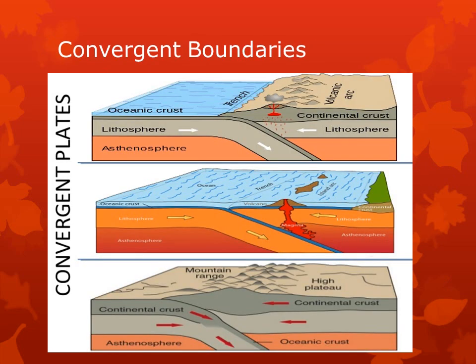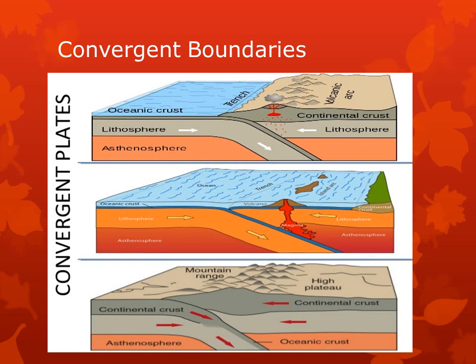Okay, so here we see a couple convergent boundaries, where the first one on top there is an oceanic plate colliding with a continental plate. The oceanic plate, being more dense, subducts under the continental plate, forming mountains and volcanoes. The middle one, two oceanic plates.